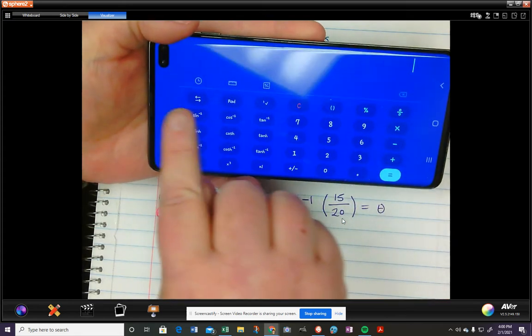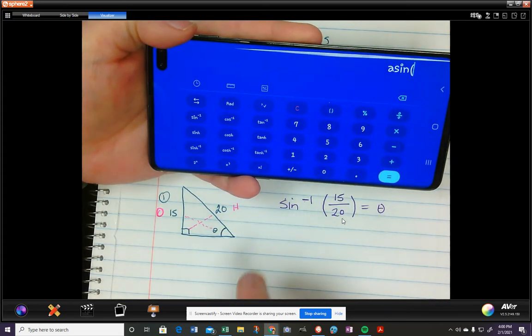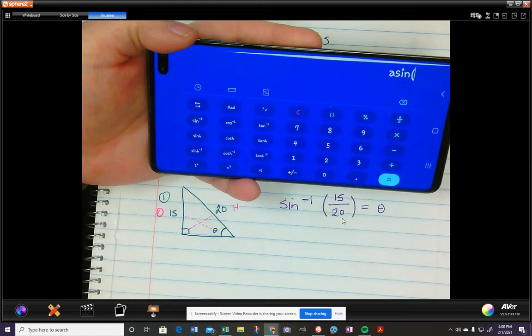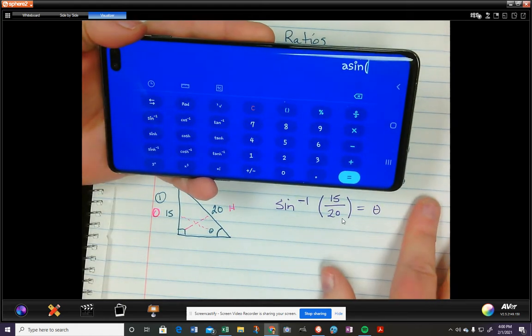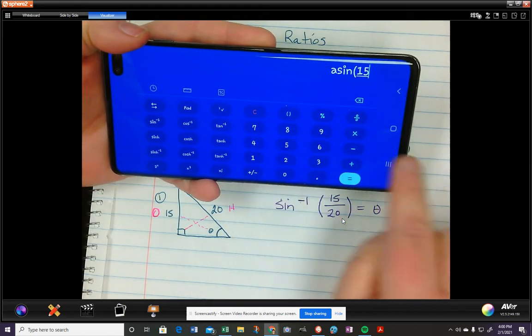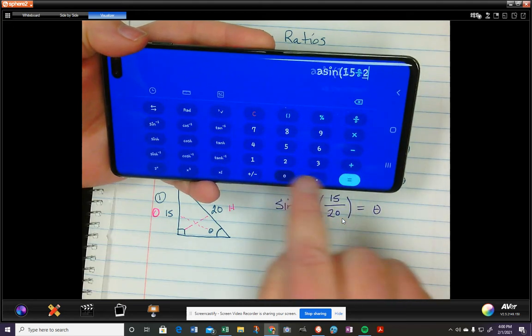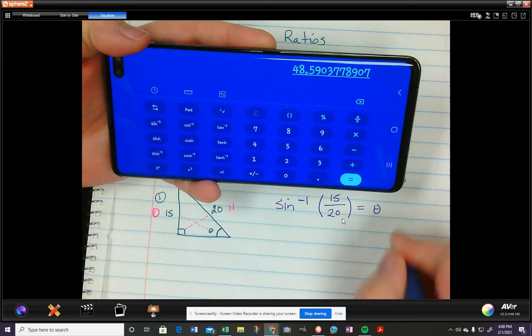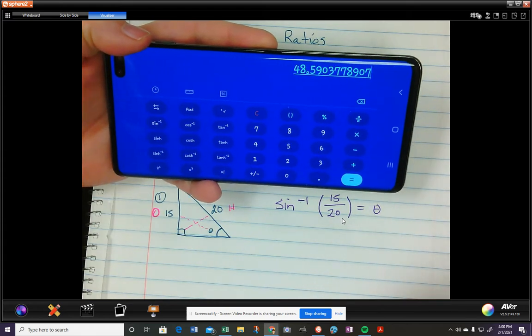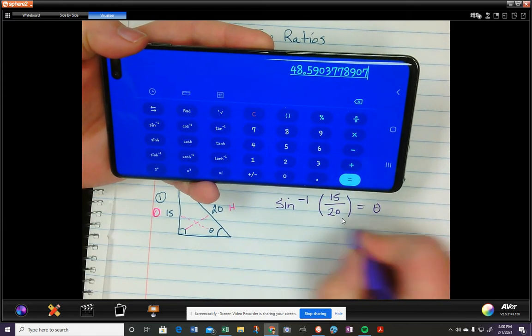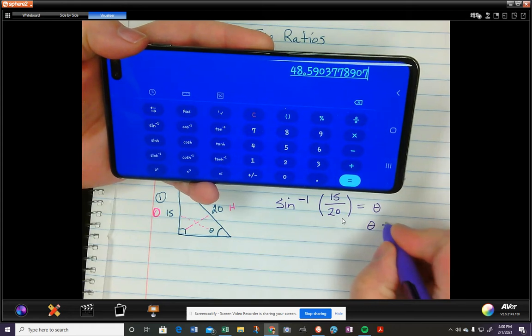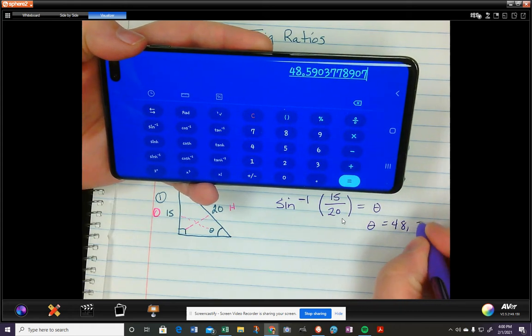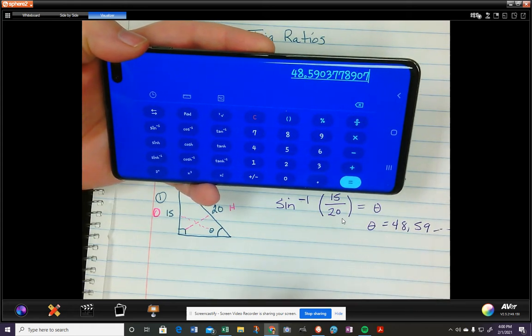So I'm going to press sine -1. It says arc sine. That's what that means, arc sine. I'm going to type in 15 divided by 20, parentheses, enter. And I get theta equal to 48.59, and so on.